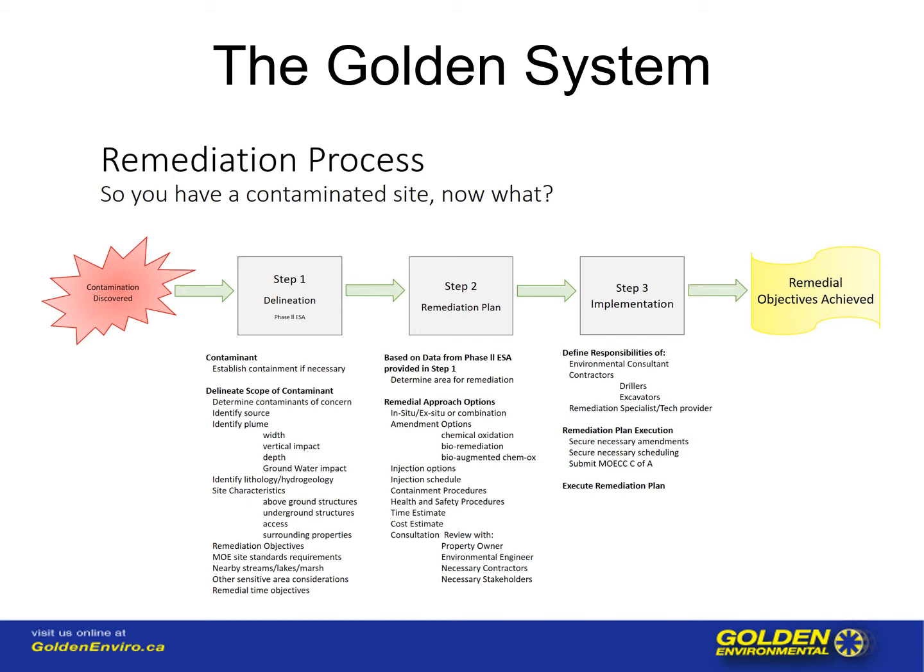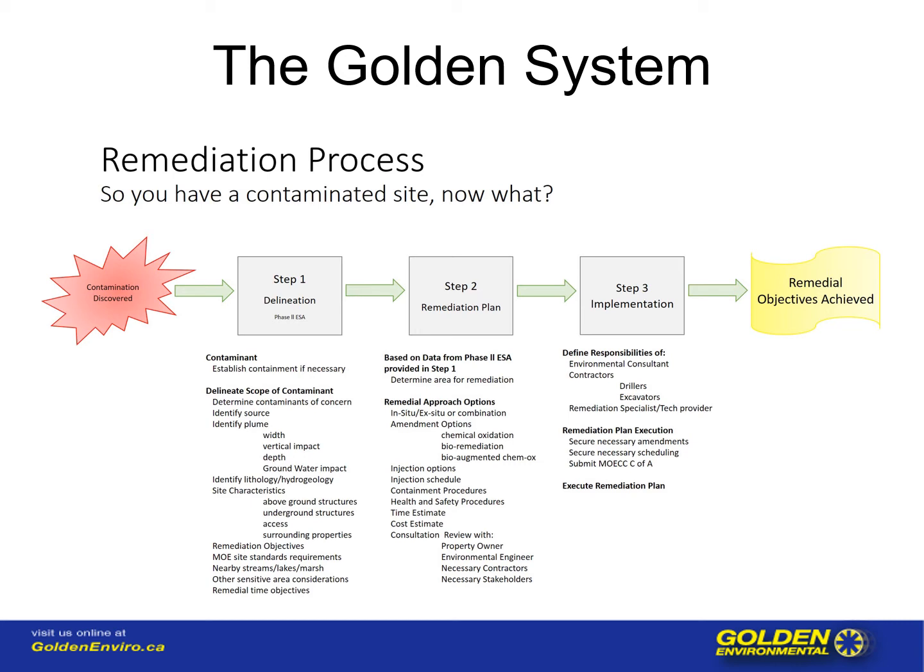These are all the considerations when determining the contaminants of concern and identifying the source. There's no point in remediating a site if you still have contaminant coming from the source. Next, we identify the plume. We need to know the width of it, the vertical impact, the depth. We need to know whether or not the groundwater has been impacted.